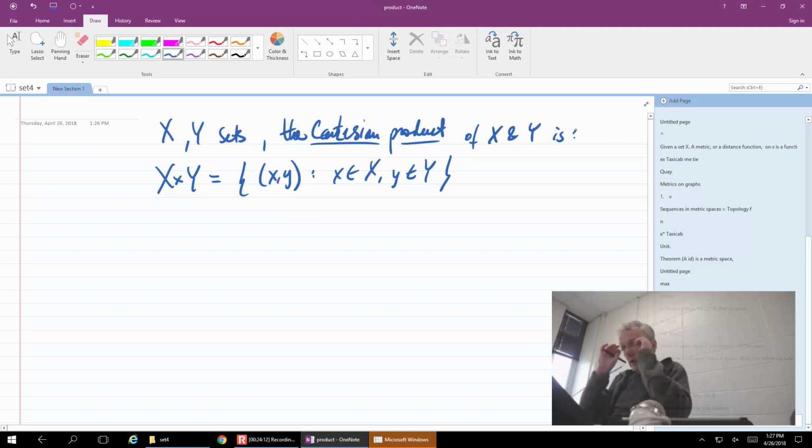Okay, so once again, pure abstraction. X and Y, there is no restriction on the nature of the sets: finite, infinite, numbers, not numbers. It can be done.